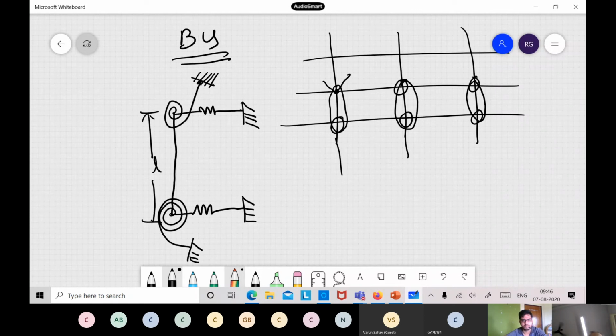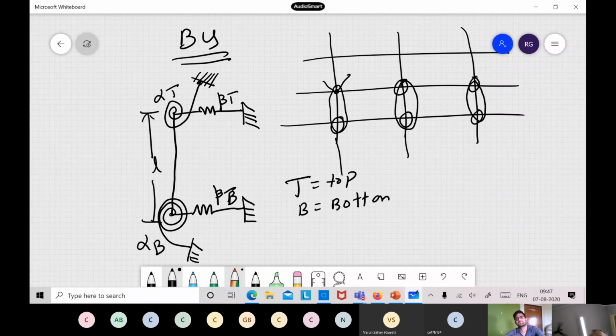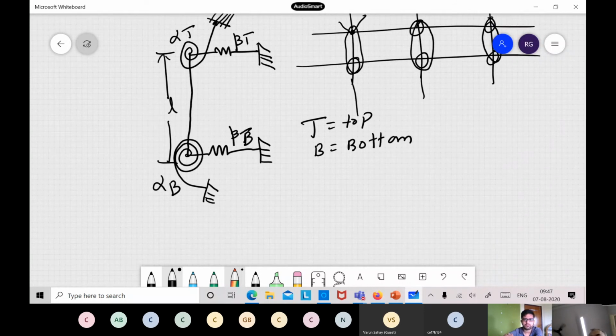Suppose the rotational stiffness is alpha, alpha T and alpha B, where T indicates top and B indicates the bottom end, and the translational springs are beta T and beta B.